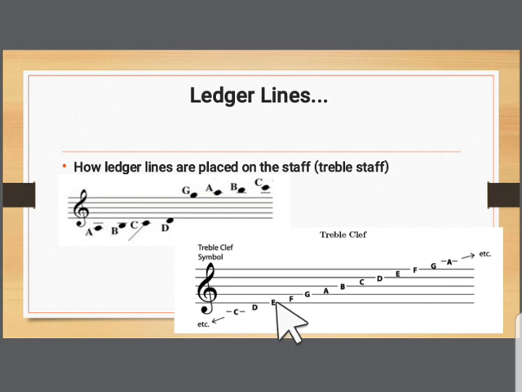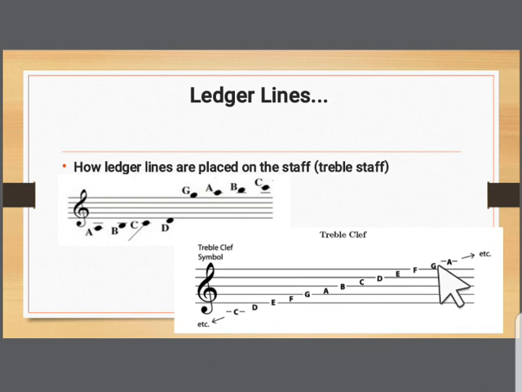From E you descend to D, then C, then B, then A, and we continue like that. Don't forget that we use only the first 7 letters, A to G. When it reaches G, we start over from A.